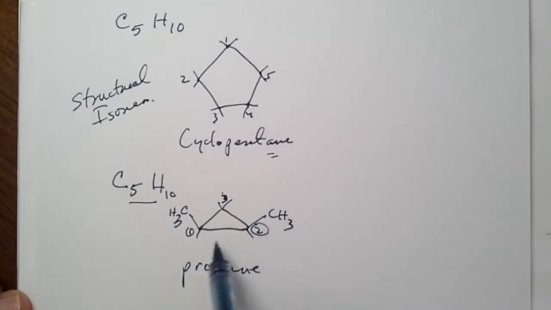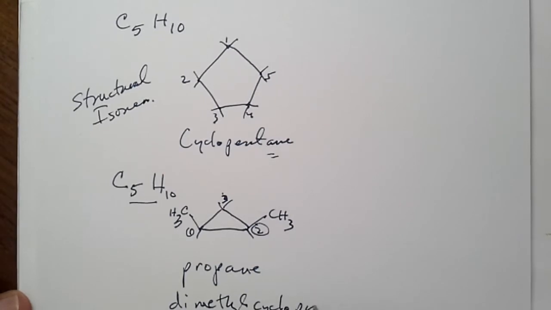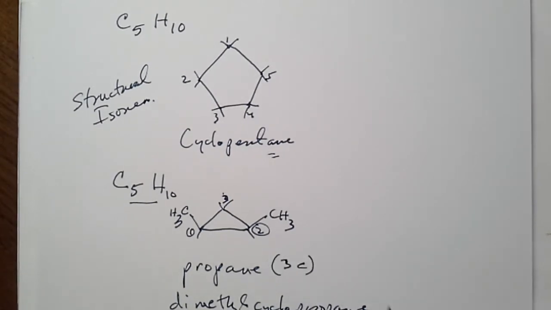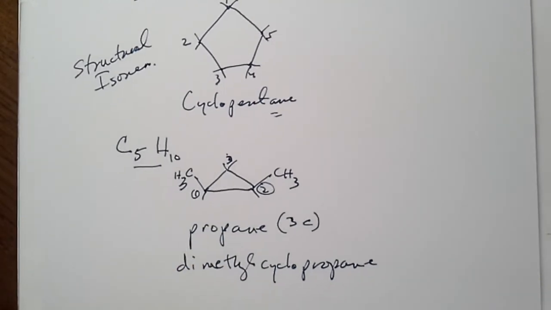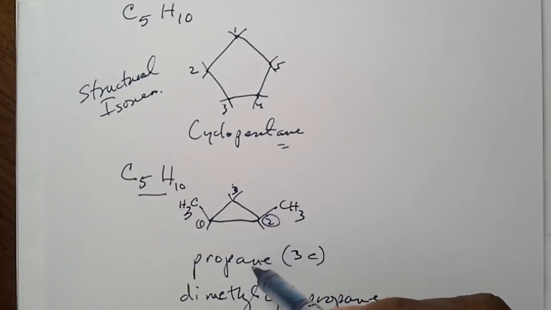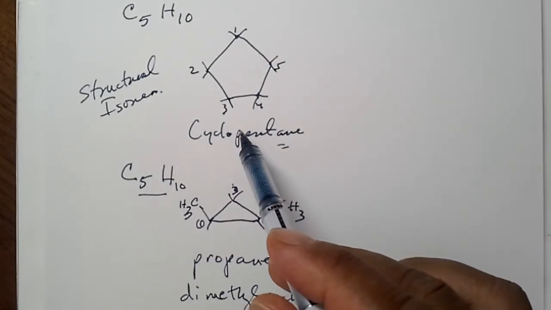Counterclockwise. I guess we could have gone 1, 2, 3 clockwise. This would be considered a dimethyl cyclopropane. Dimethyl cyclopropane. Alright, but those are structural isomers, the dimethyl cyclopropane and cyclopentane.